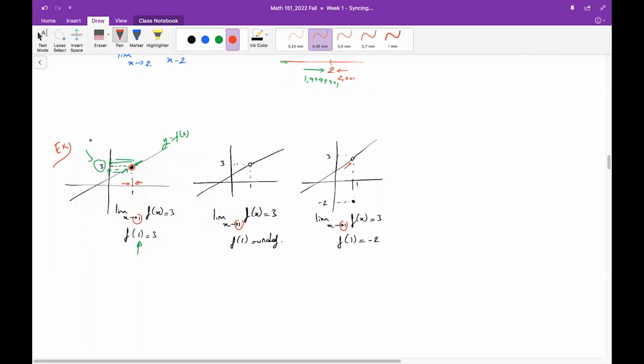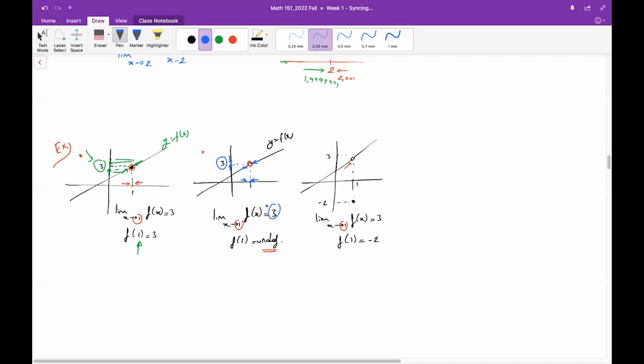Okay, let's look at the second graph, second case. In the second case, this is our y equals f of x function. The only difference is that at the point 1, your function is not defined. When it comes to the limit, it behaves exactly the same. When you look at the values of your function as x is around 1, the values are getting closer and closer to this point 3.